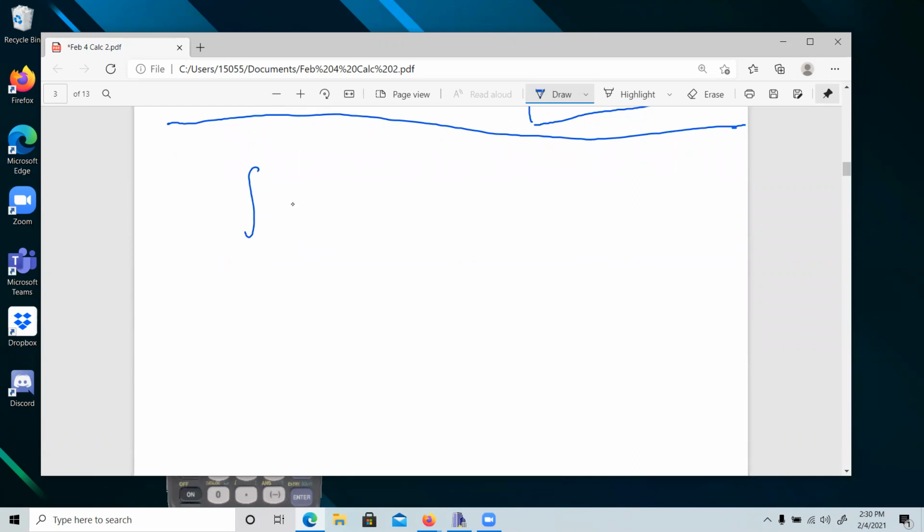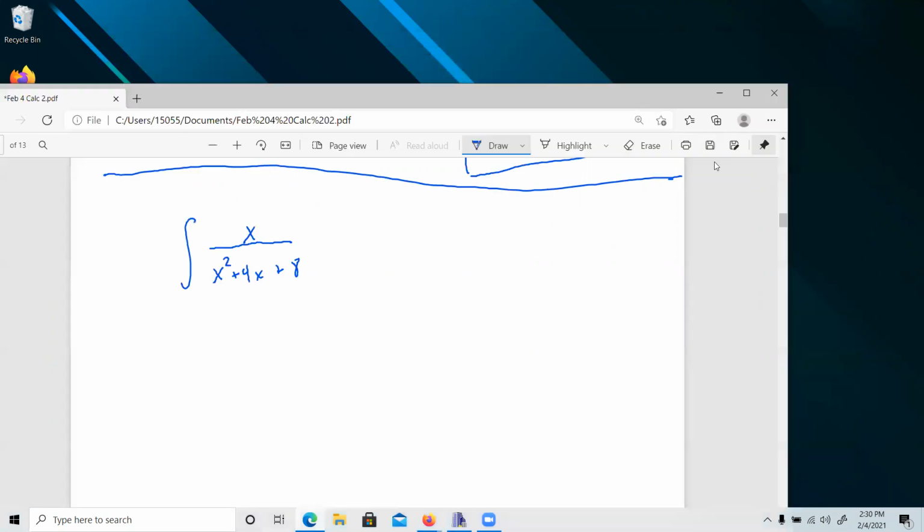How about we have an x over an x squared plus 4x minus or plus 8. Let's change that to a minus. Where's my eraser? There it is. All right, dx.